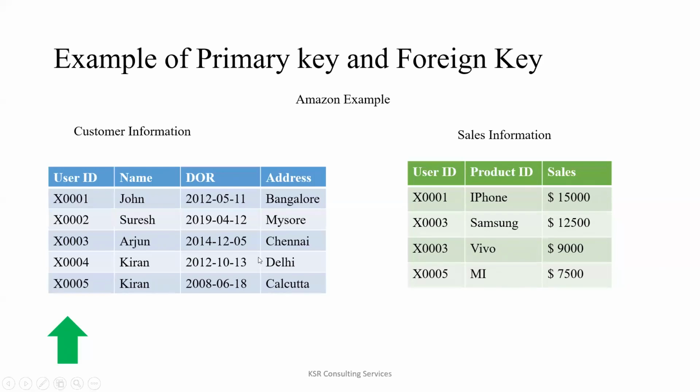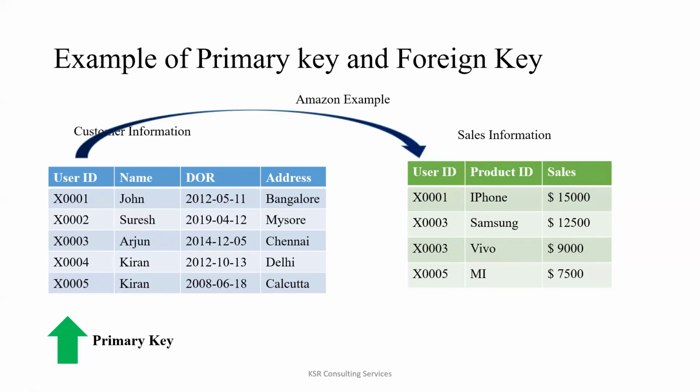Ideally, this Kiran should be first, because he registered earlier, so his user ID should be 004. But anyway, every user ID is unique. You can see for every name, it has created a unique user ID. So this is called a primary key.